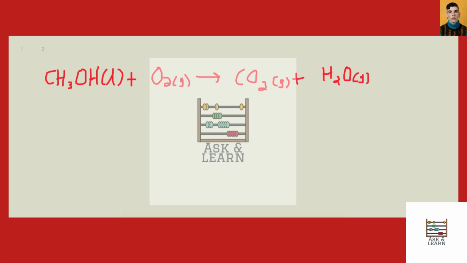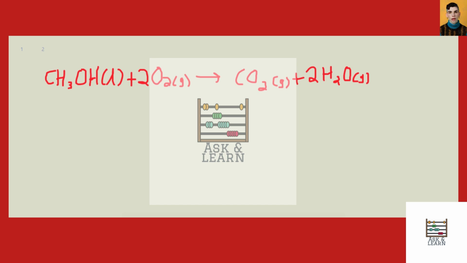So we have one carbon. Now we have to balance this. One carbon here, one carbon here. Now we have two hydrogens here, four here, so we're going to add two here. Then we have two oxygens here, so four on this side. Then we have two on this side, so we have to double this. So now we've balanced this equation.